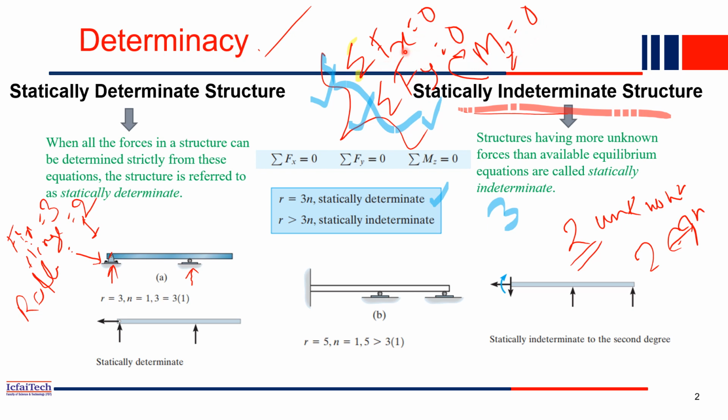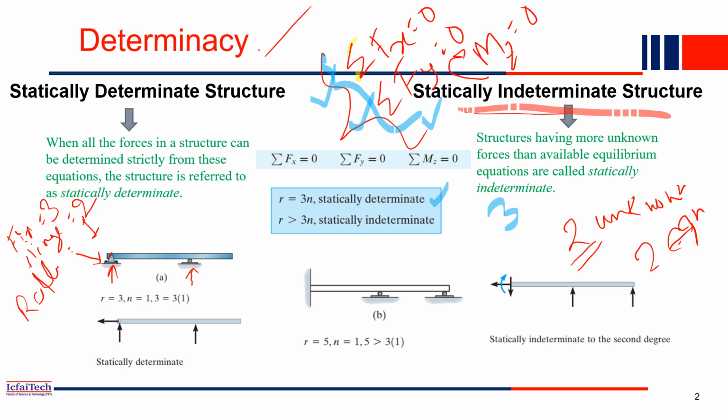So 3 reactions and 3 equations. So we can calculate all the unknown reactions. This beam is a statically determinate beam because we are able to calculate all the unknown reactions using the equilibrium equations.